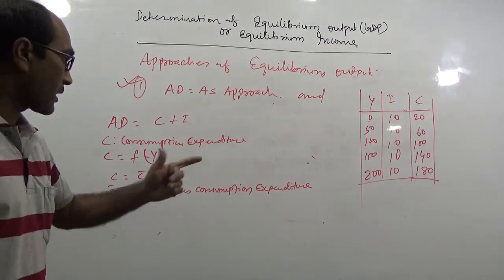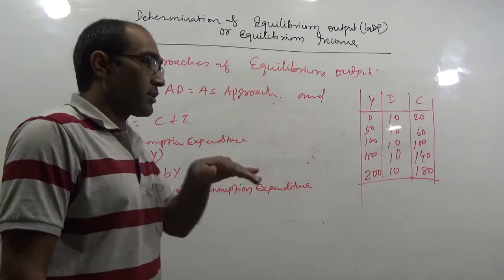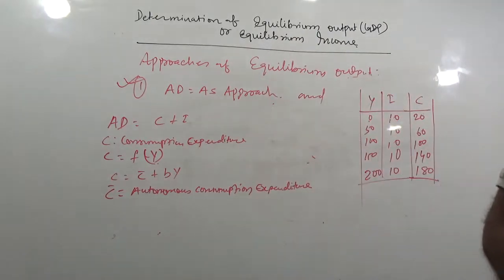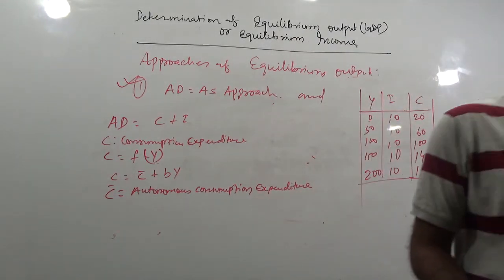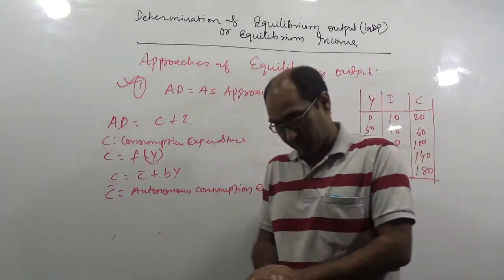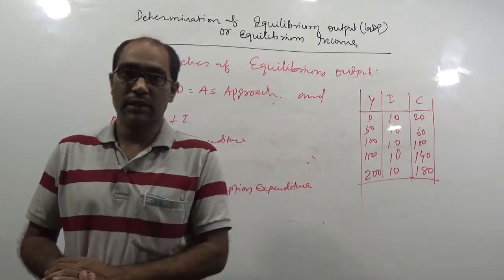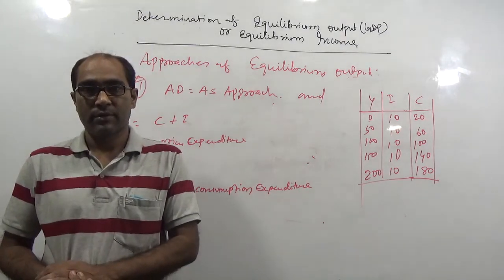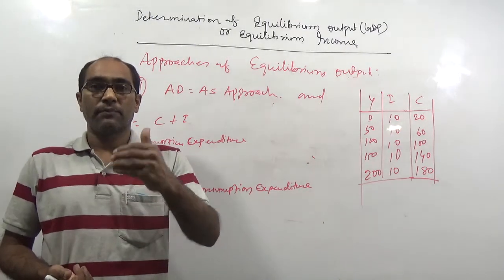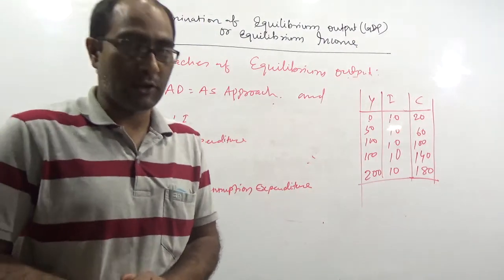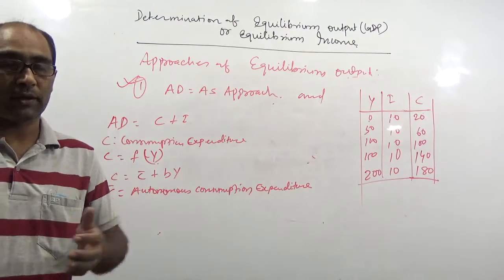Autonomous consumption expenditure is also independent from level of income. Doesn't matter whatever the level of income, it is given and remains unchanged. The reason is that it's the basic level of consumption required for survival of people in the economy. So there is no role of income.